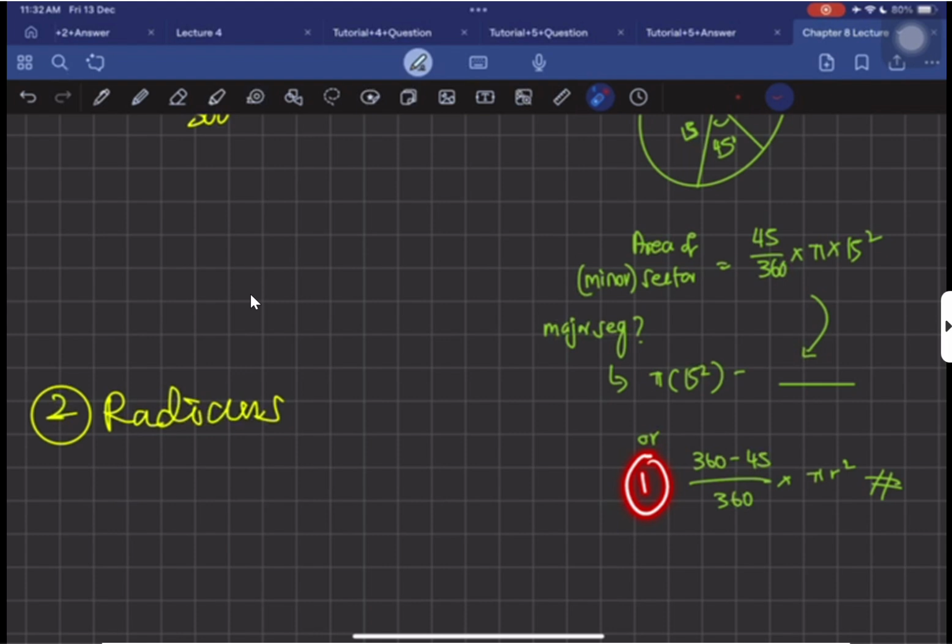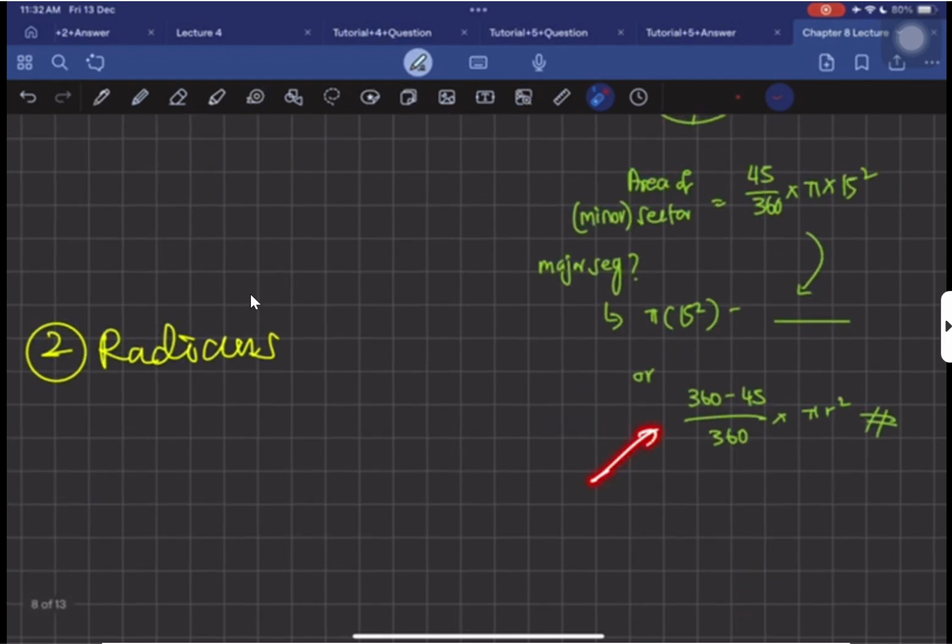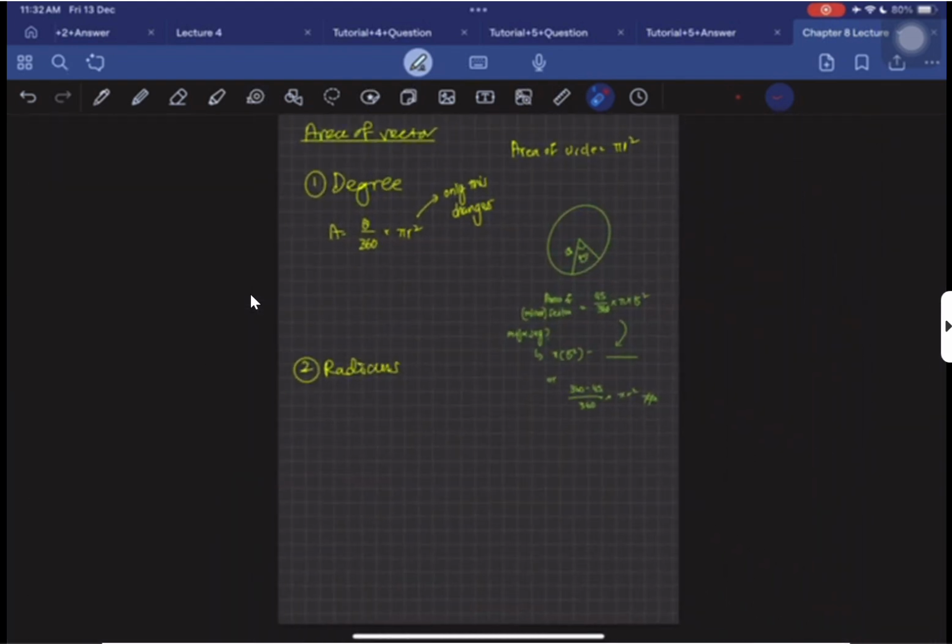So this would be my first method. Or you can find the minor sector and then take the total area of the circle minus this minor sector. I prefer this method because it's shorter. So yeah, this is it for area.